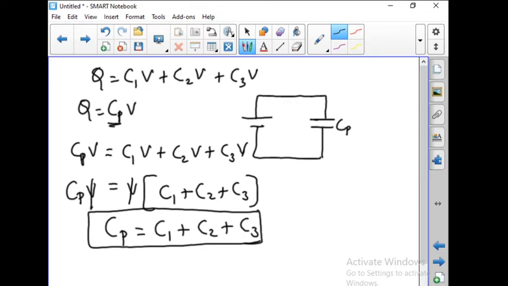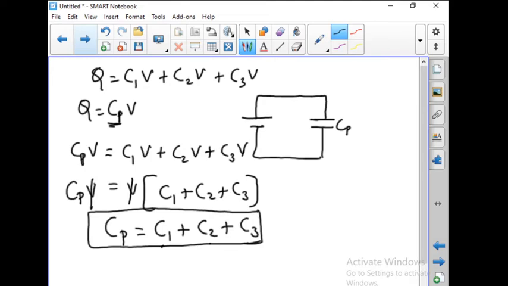Now we see that the equivalent capacitance of capacitors connected in parallel is equal to the sum of the individual capacitances. After writing this equation, you should write it in words also: the equivalent capacitance of capacitors connected in parallel is equal to the sum of the individual capacitances.